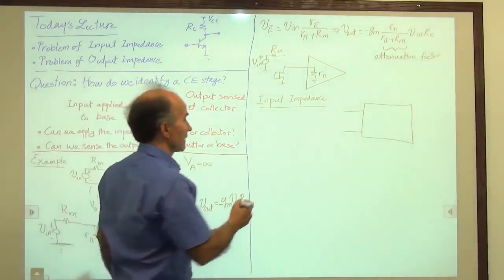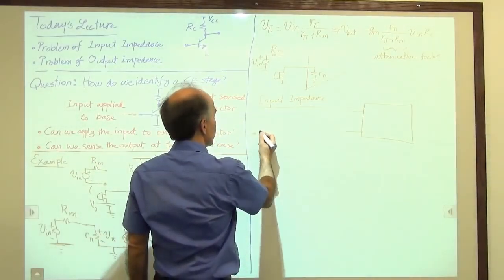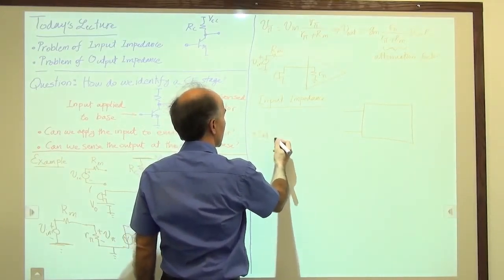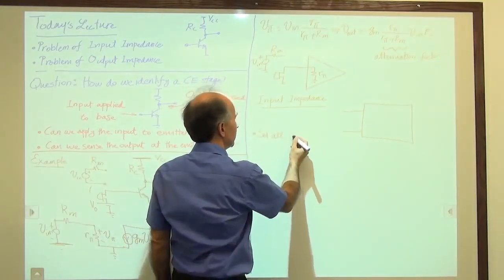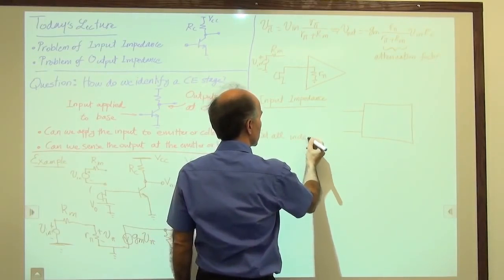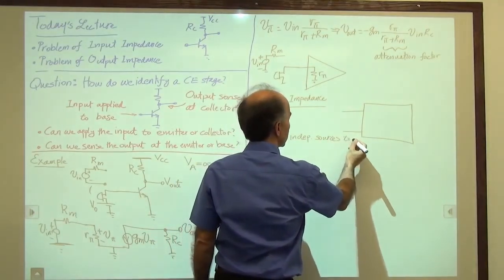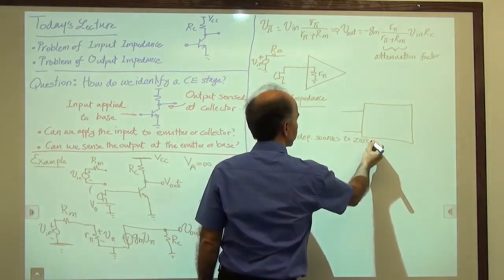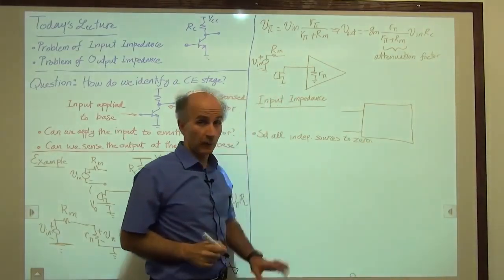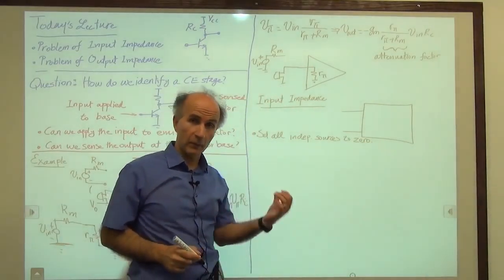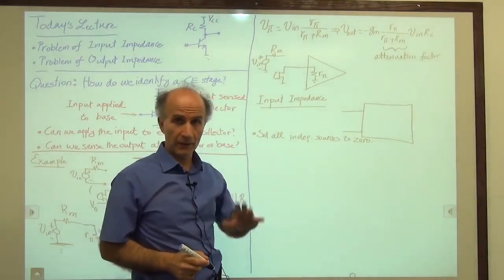So the procedure is as follows. We set all independent sources to 0. They have to be independent, meaning they don't depend on the input signal, they don't depend on something else, they are independent.